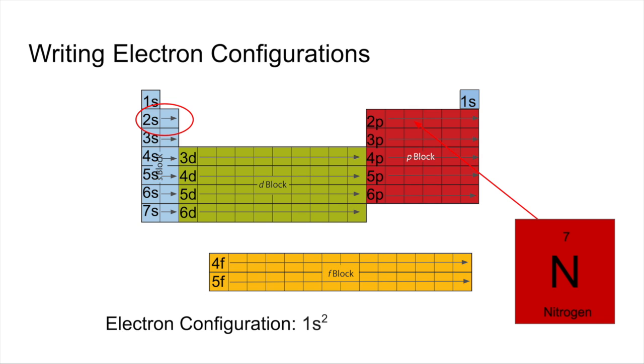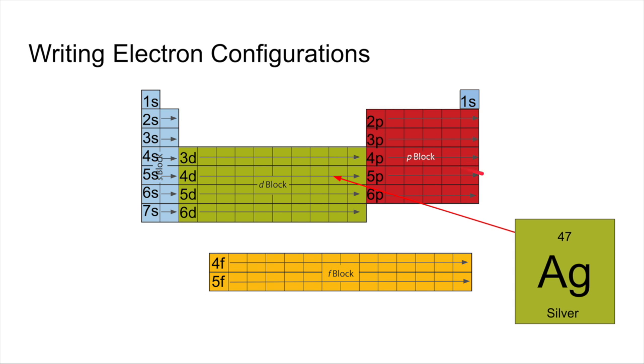So we have 2s, and remember, s has 2 electrons that need to be filled, so it's 2s2 over here. And then we go across to this p block. And now you see nitrogen is in that p block. So we count 2p1, 2p2, 2p3. And that would be the electron configuration for nitrogen.